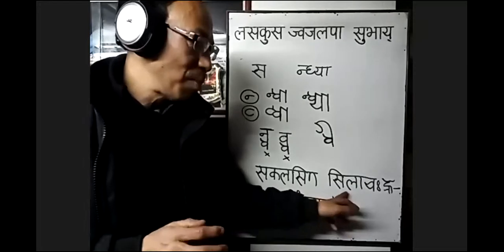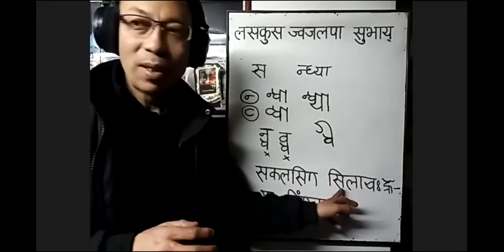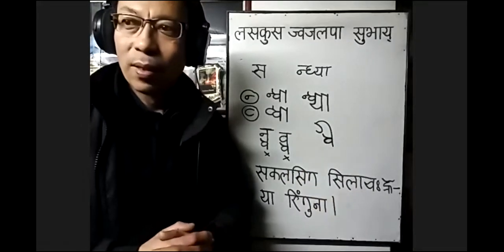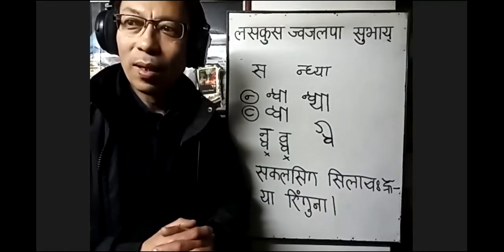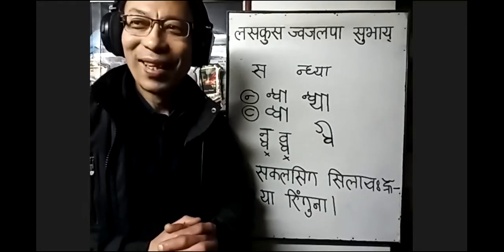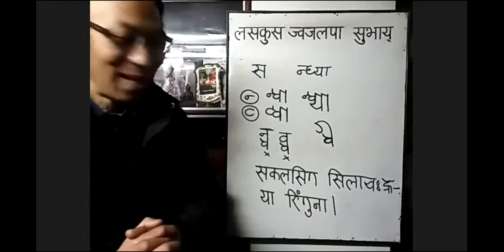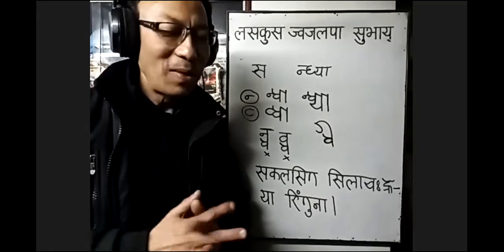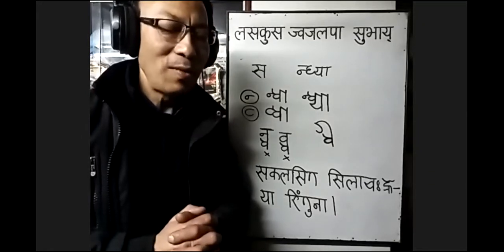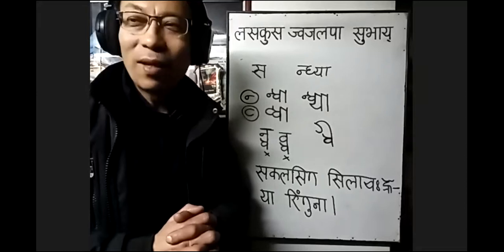And Sila means the name of the month. We should also learn the months in Nepal Bhasha. Yes, sure, we will do that also. Don't worry. Chare means about the 14th or 29th day of the month.